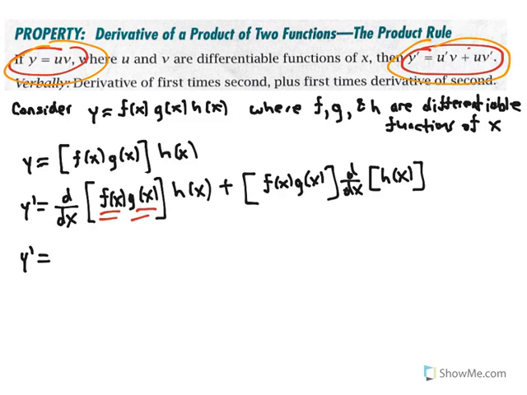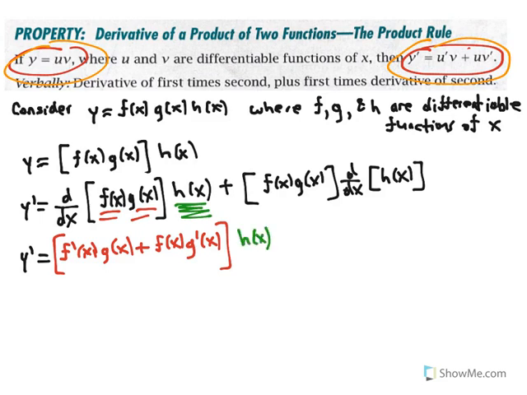So how do you find the derivative of this product? You use the product rule that we learned yesterday. So you're going to have the derivative of the first function times the second plus the first function times the derivative of the second. And then you're going to multiply that by h of x.